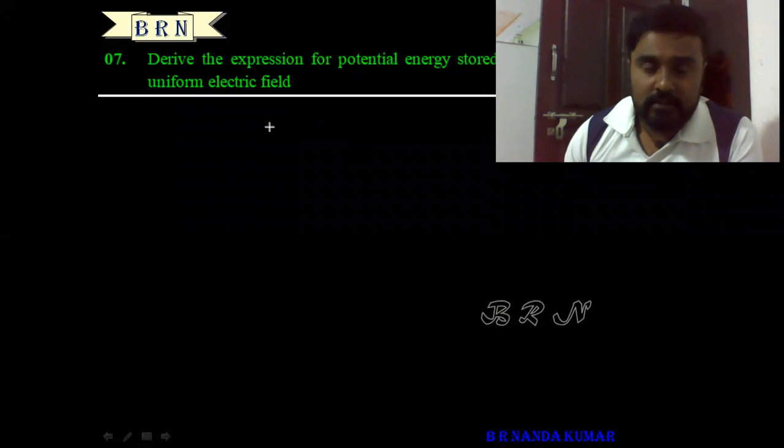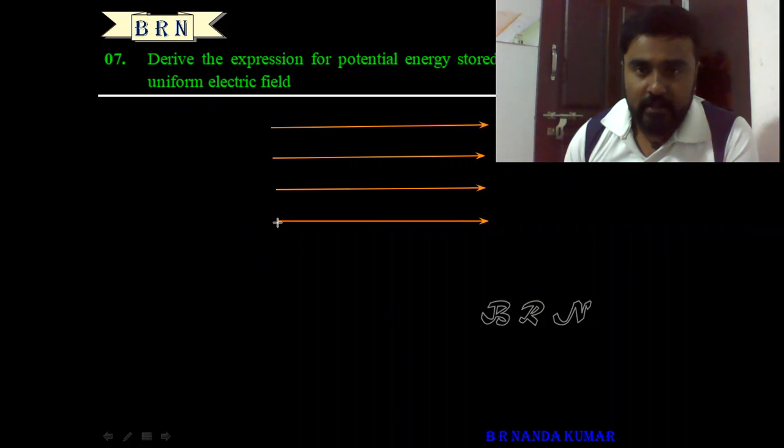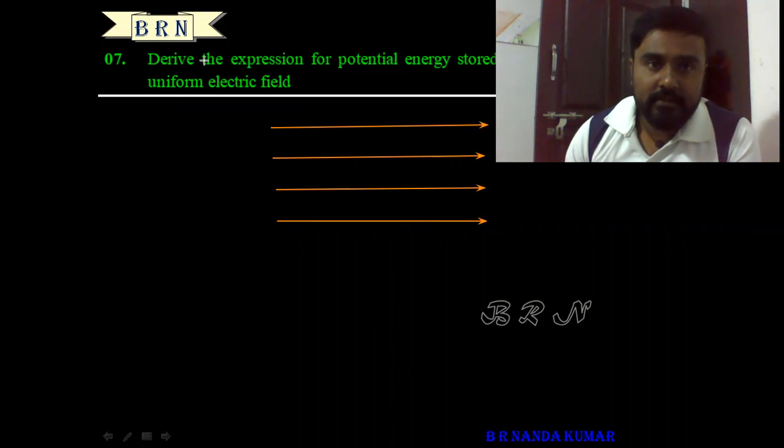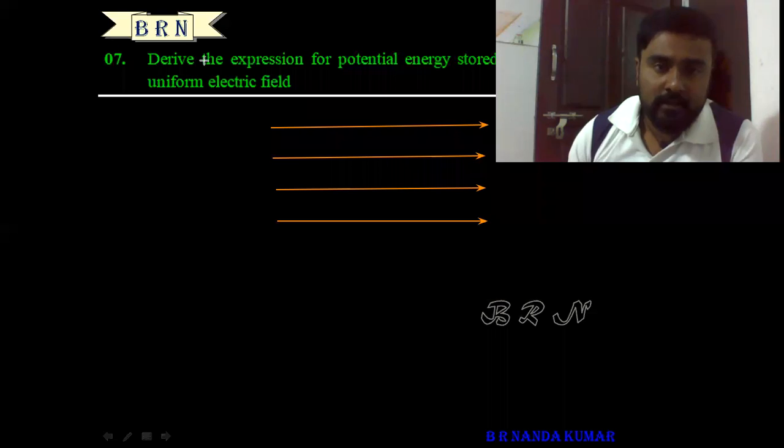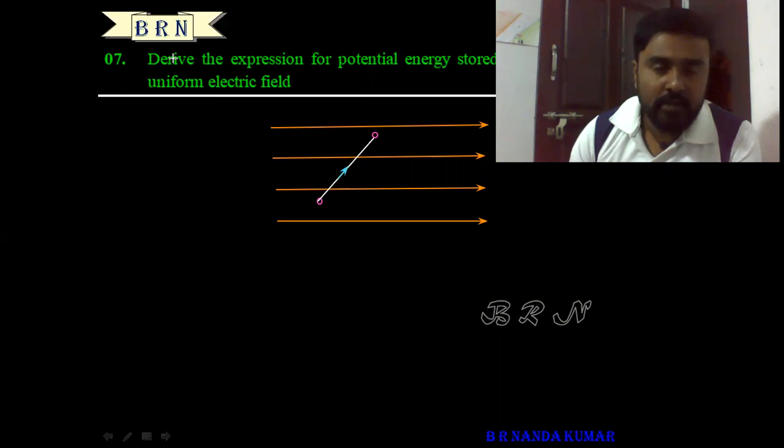First, let us consider the uniform electric field. That means electric field lines are straight, parallel, and equidistant. Now let us consider an electric dipole, having a pair of equal and opposite charges separated by a small vector distance, directed from negative charge to positive charge.